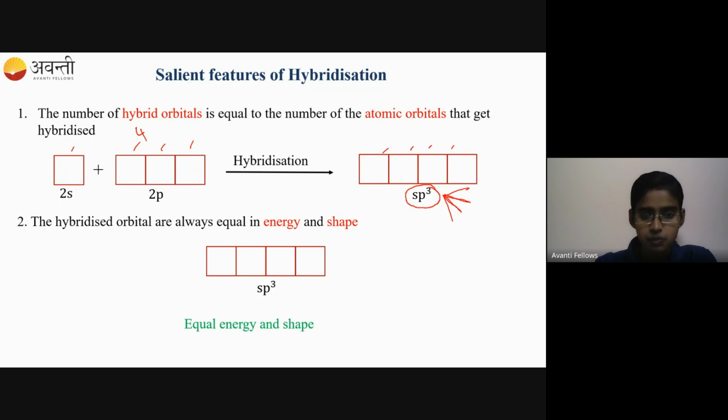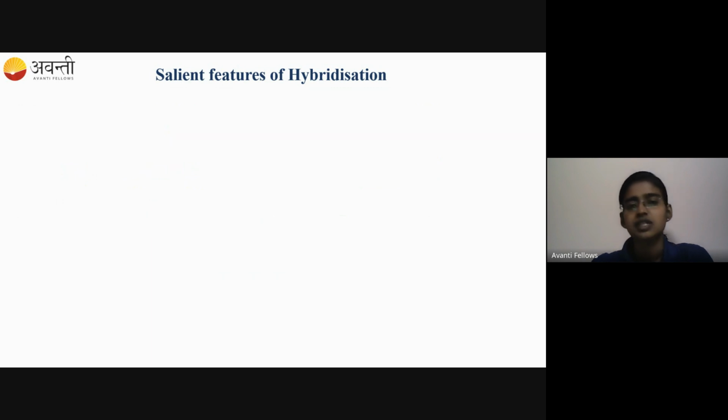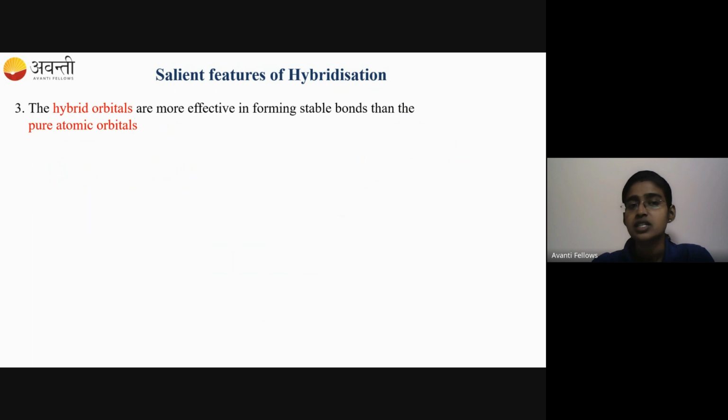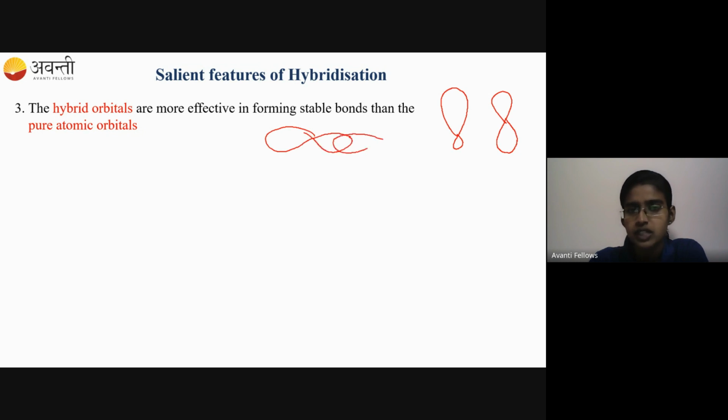Coming to the third feature, the hybrid orbitals are more effective in forming the bond than the atomic orbitals. Mostly the shape of the hybridized orbital will be like this. One lobe will be bigger than the other. But in case of a normal atomic p orbital, I will have the shape like this. Now, if two normal atomic orbitals are forming the bond with each other, the overlapping area will be like this, no?